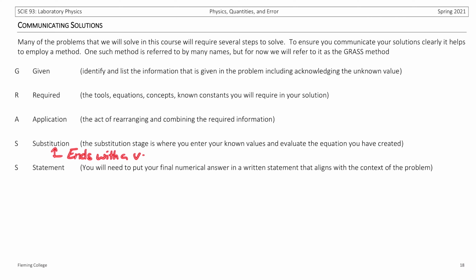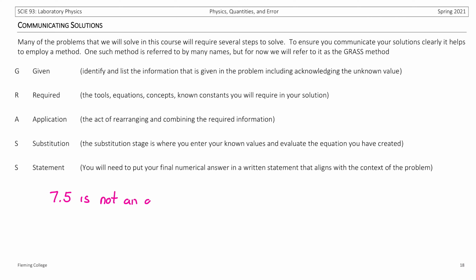The A stage is the application stage. This is where you apply all of the things you've listed in your solution. So you're going to combine any equations you have and constants you have, and if needed, rearrange and substitute into other equations before moving on to the substitution step.